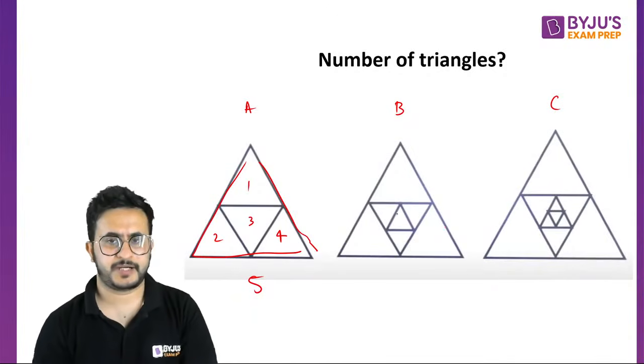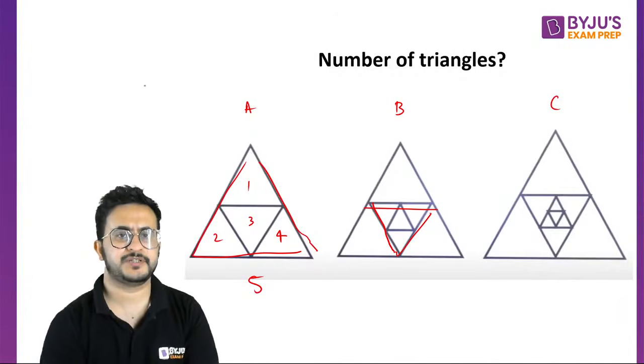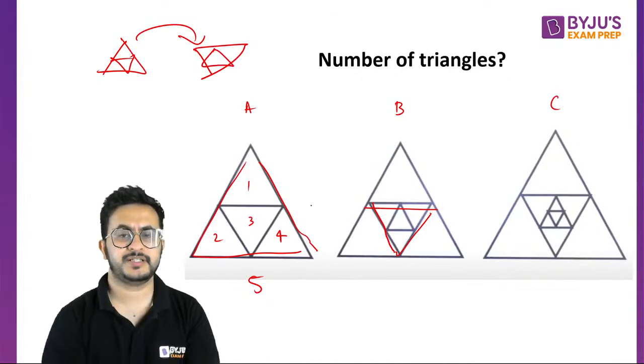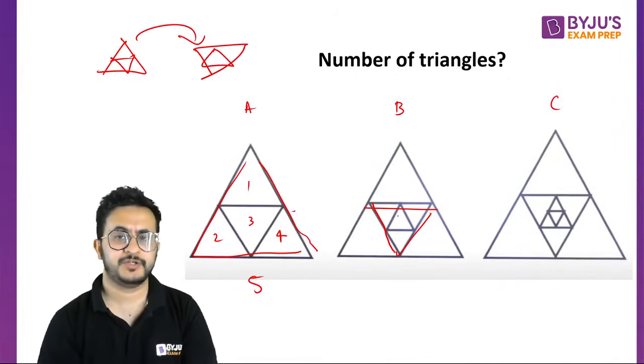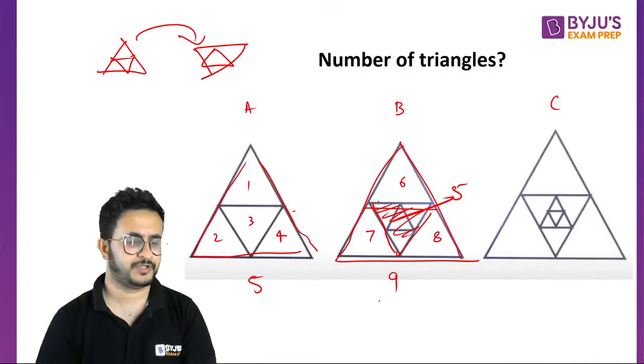So if you see this part, the part which is inside this is the inversion of this. It was like this, if you invert it, it becomes like this. So it is the same shape in the reverse format. So 5 triangles are in this part itself, right? Just this part has 5 triangles. Then this is 6, 7, 8, and the larger triangle. So there are a total of 9 triangles.